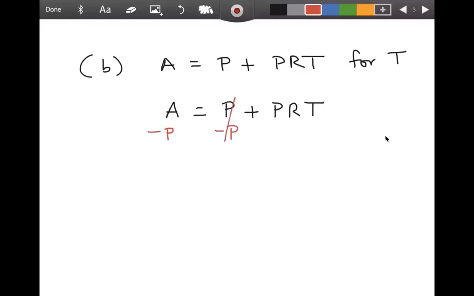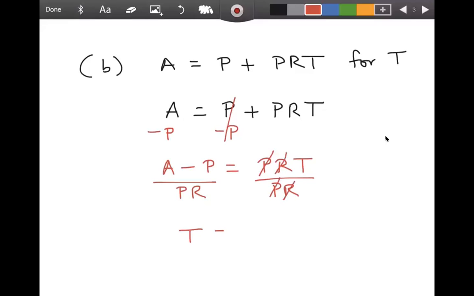So that's going to give me A minus P equals PRT. And now it's kind of similar to the last example. In order to get t by itself, I need to divide both sides by PR. Okay, so goodbye P, goodbye R. Okay, so I end up with t equals A minus P over PR.